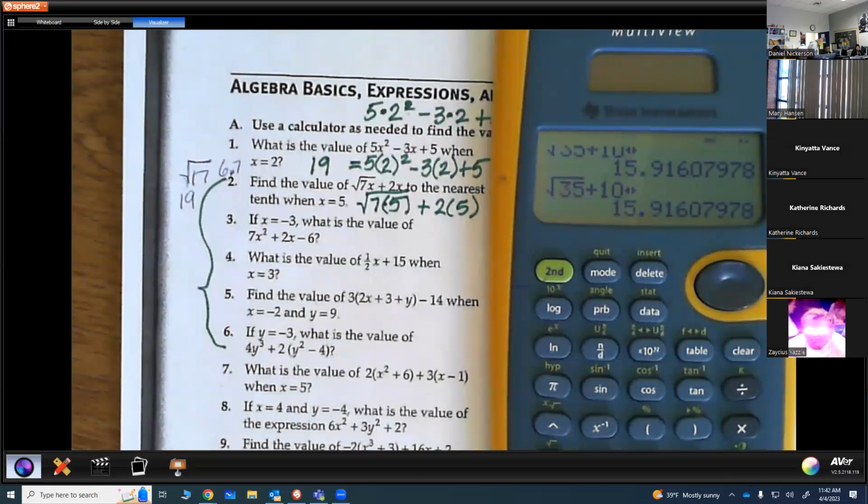So that's why you've got to do square root of 7 times 5, and you've got to get out of the square root. I don't want that square root to extend over. Oh, I did 3 times 5, not 7 times 5. Okay, 7 times 5, get out of the square root, plus 2 times 5.